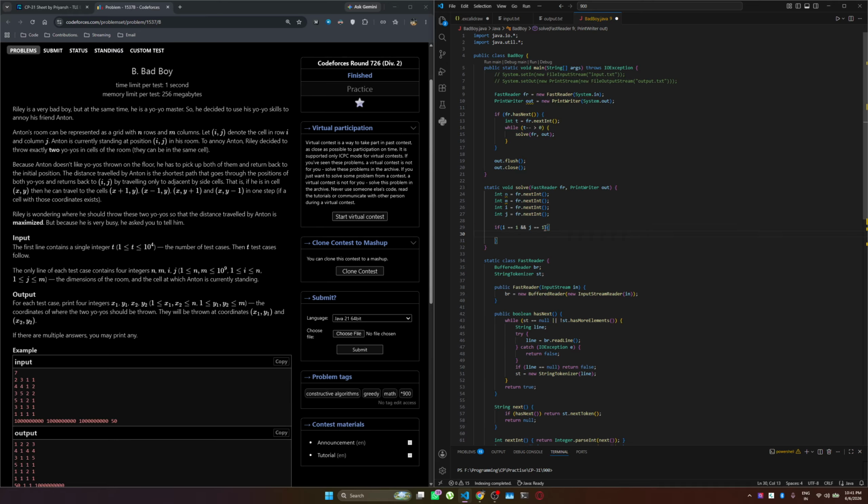I mean, there's a sanity check that we could do, that if i is greater than n and j is greater than m, then don't do anything. But as they mention it here, it's already within range, so no need for that.